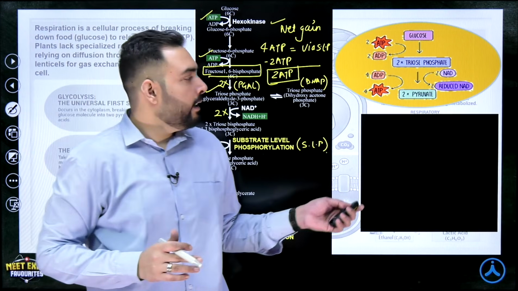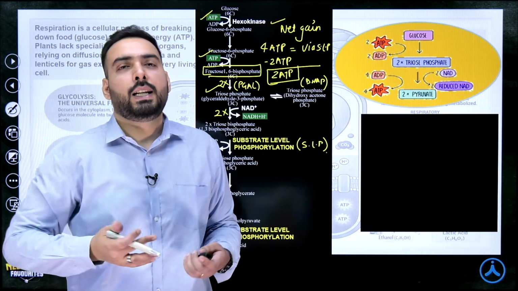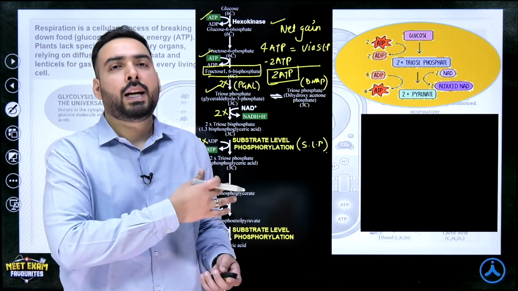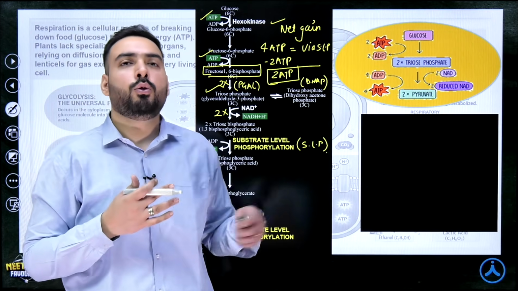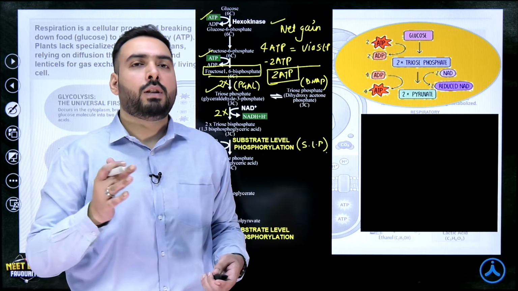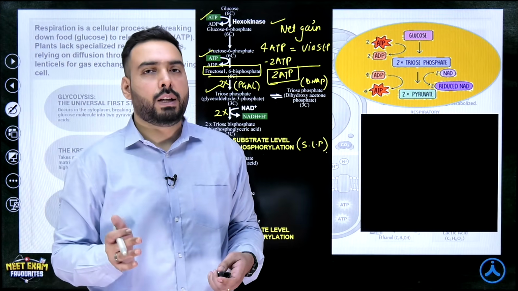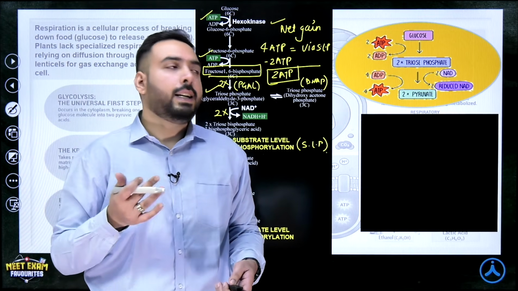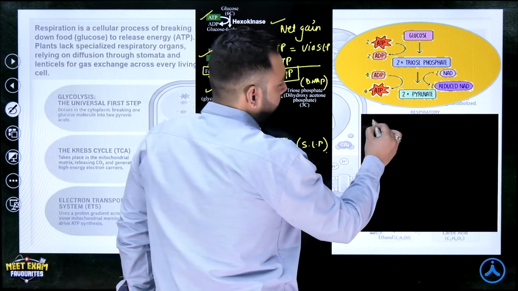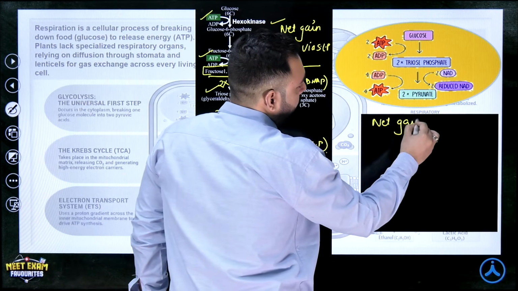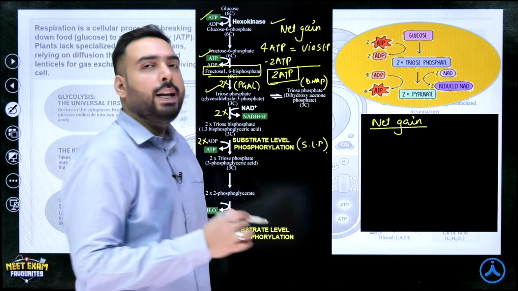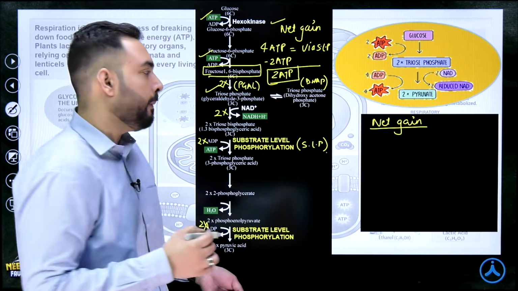Now, the next thing we have to calculate is, if we are considering aerobic respiration, the entire NADH that is formed in glycolysis is going to go later into the inner mitochondrial membrane, and it will also be converted into ATP via a process known as oxidative phosphorylation. If that is considered, the net gain calculation can be done like this. Net gain upon complete oxidation of glucose in aerobic respiration: what will we get via glycolysis?